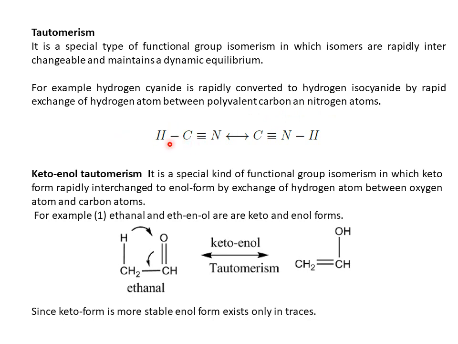Here in HCN, the hydrogen atom is attached to carbon, whereas in HNC the hydrogen atom is attached to nitrogen atom. This hydrogen atom is transferred to the nitrogen atom, so it becomes HNC.